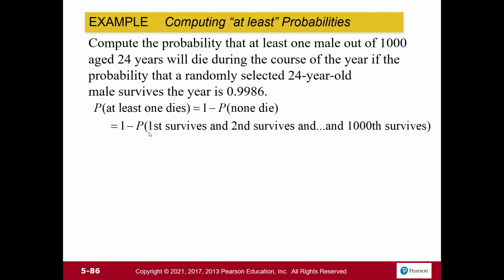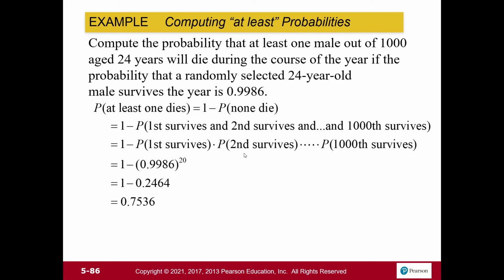Here we have it again: 1 minus the probability that the first survives, second survives, and so on and so forth. That's a lot. All those probabilities, it's 1 minus 0.9986 to the, well, they have the 20th power, but I don't believe that would be the 20th power.